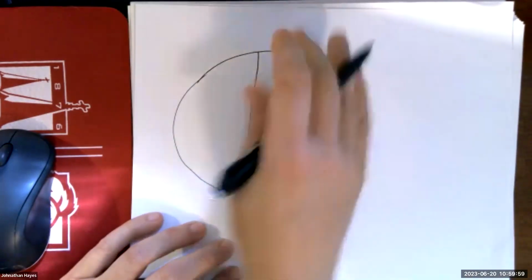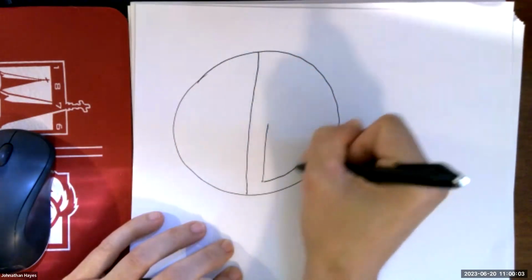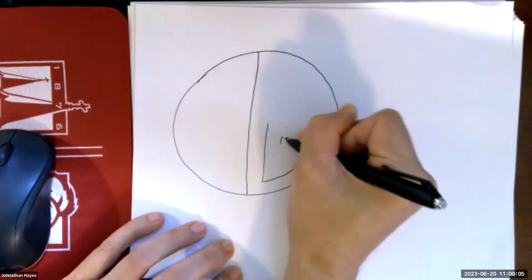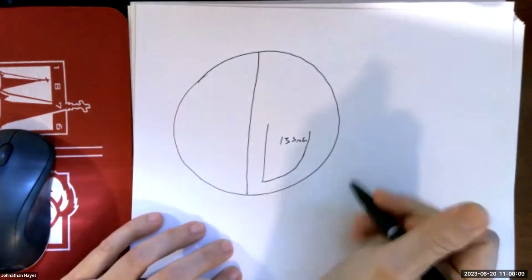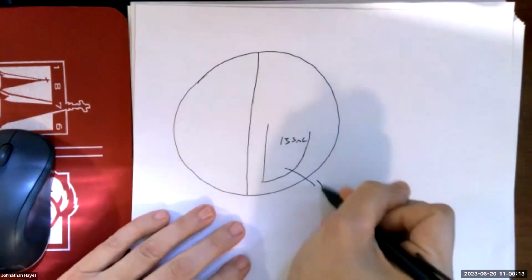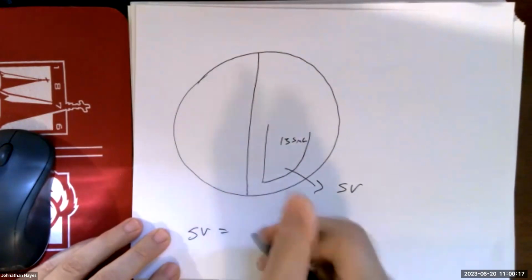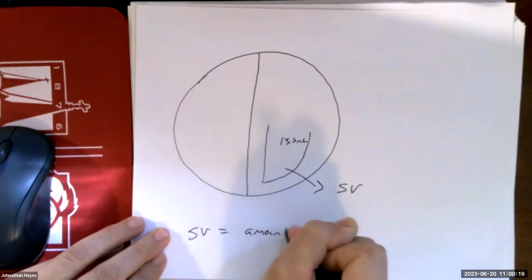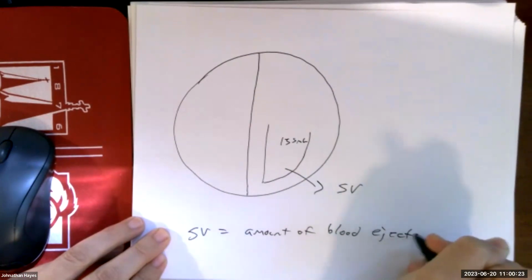So if my heart, under normal circumstances, holds about 135 milliliters in here, and that's at rest, and normally 70 goes out, it's pretty easy to see how we could increase that stroke volume, which is how much we're pushing out per beat. So stroke volume equals the amount of blood ejected per beat.